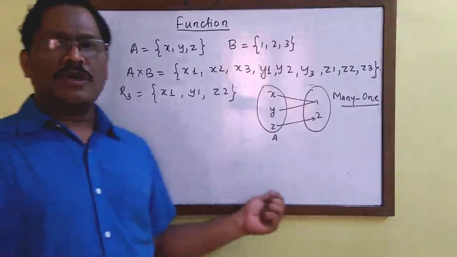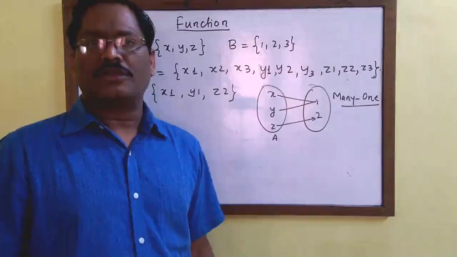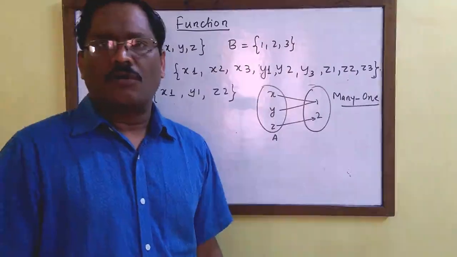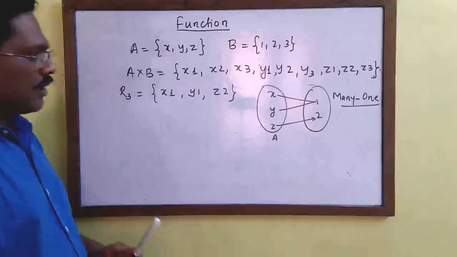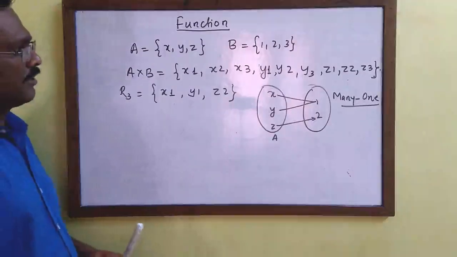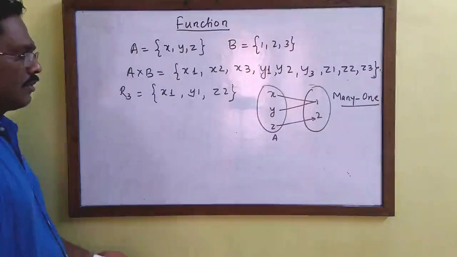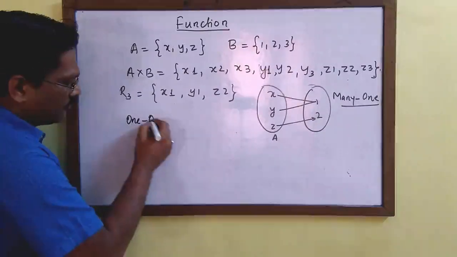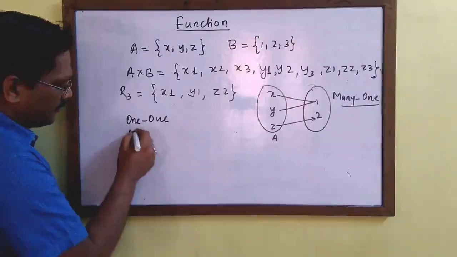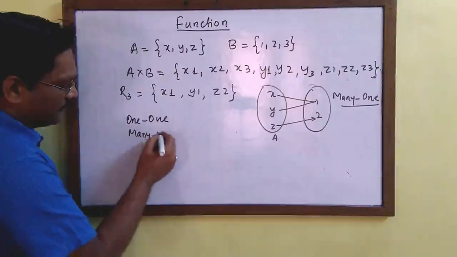Out of them, 1-1 and many-one relations can be called functions. 1-many relations can never be called functions. So now let us analyze this properly. As I told you, which kind of relations? 1-1 mappings and many-one mappings.